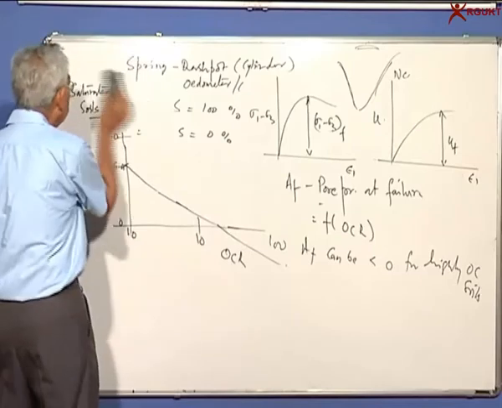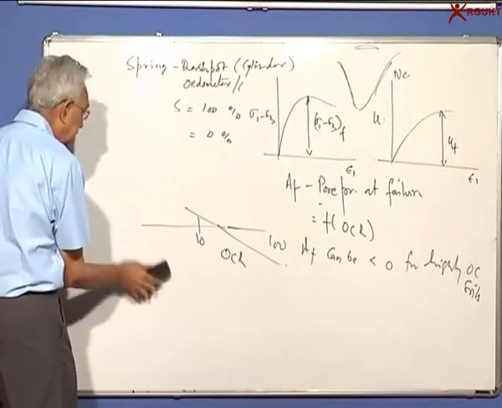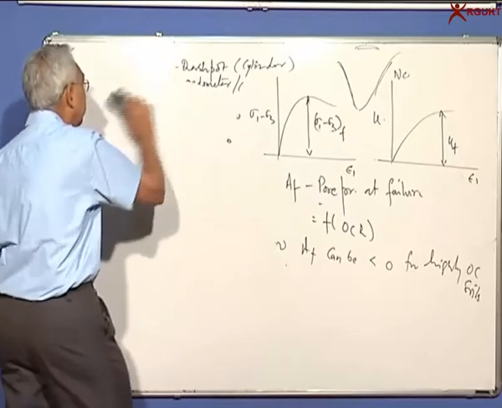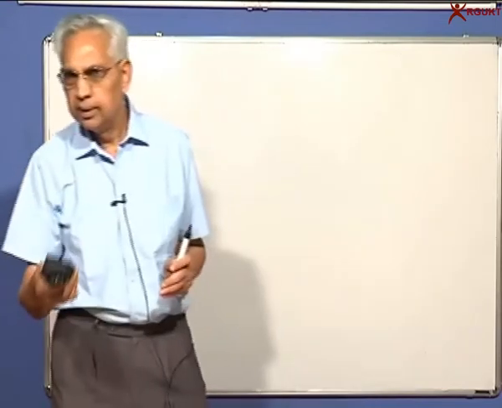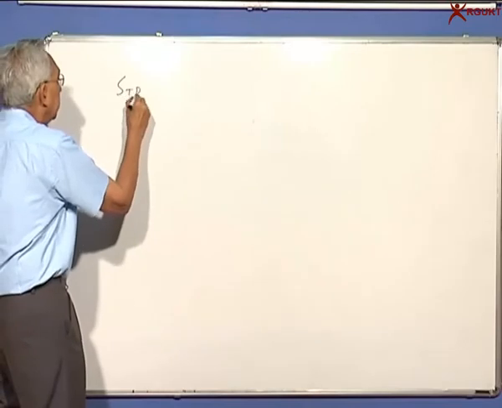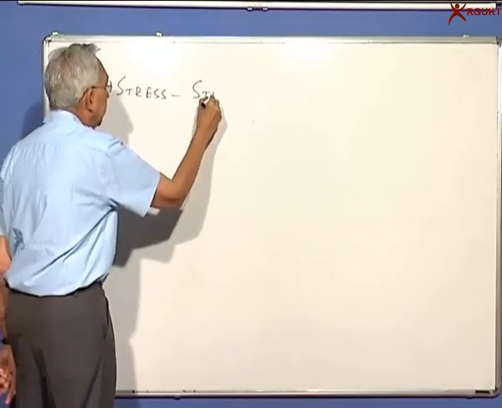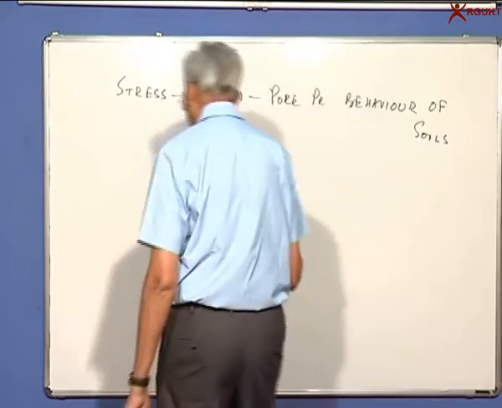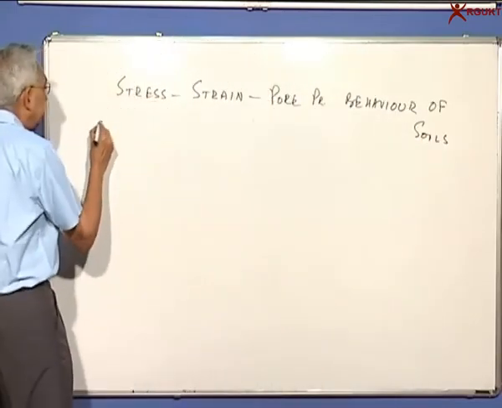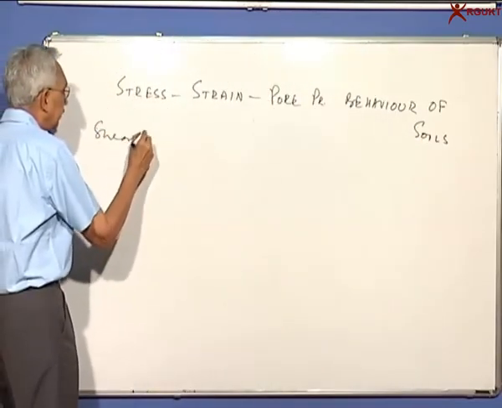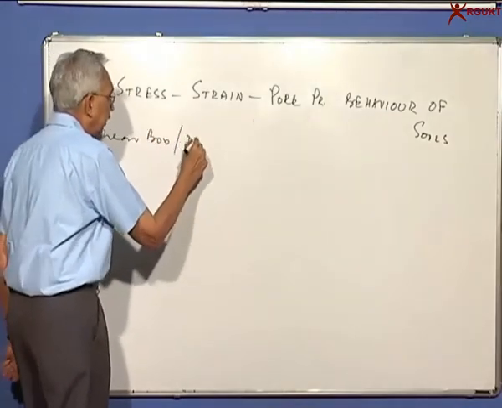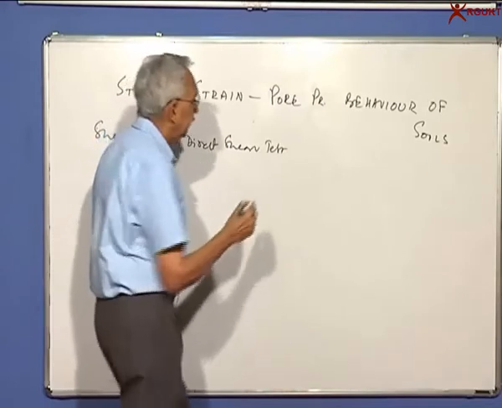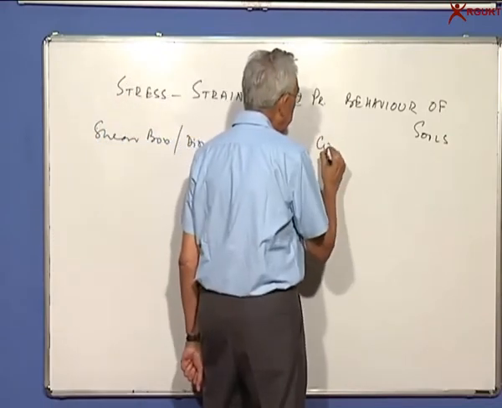So let's now look at the stress strain behavior and the pore pressure behavior under different tests. First, let's look at our shear box test, or we call it direct shear test, and let's only stick to granular material.